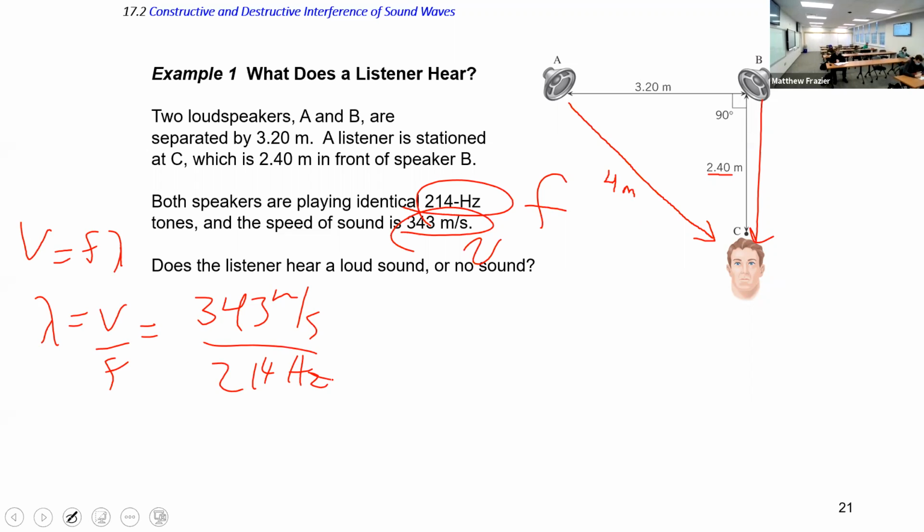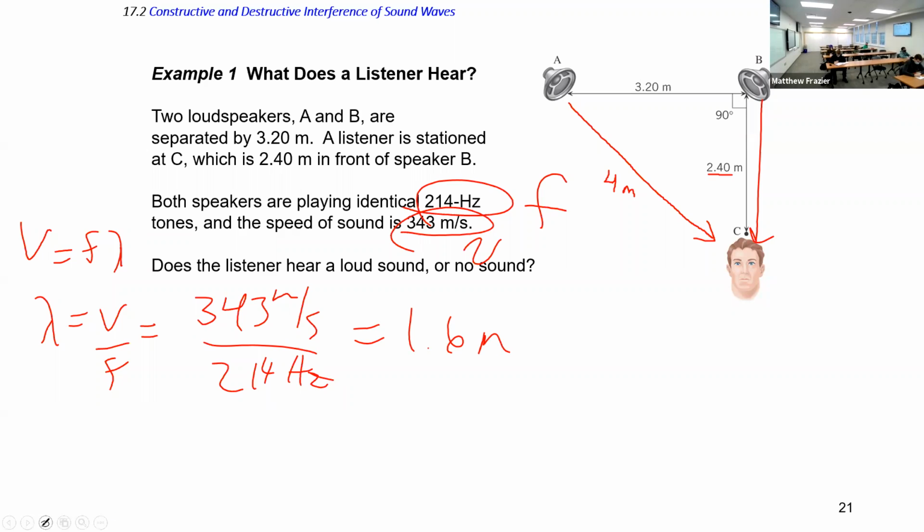I did bring a calculator this week. I'm almost certain this is 0.8. Or no, 1 point something, 1.2. Anyway, don't talk, just calculate. 1.6. So our wavelength is 1.6 meters.